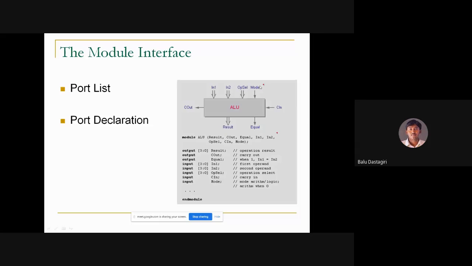Mode is also a single variable input. Like this, we have to specify the inputs and outputs. First we define the port list, and after that we specify the port declaration: whether it is an output port, input port, or inout port. This is about module interfacing, how you can define the module.